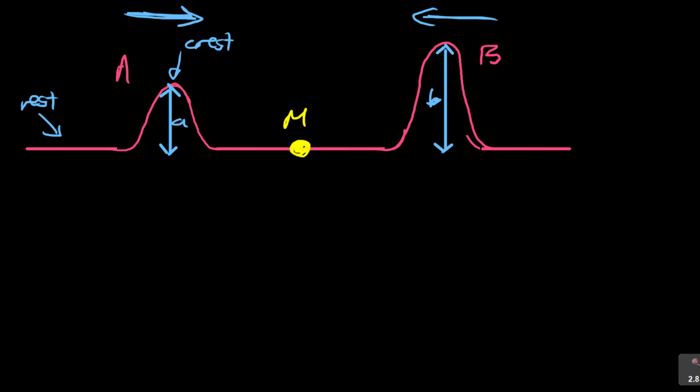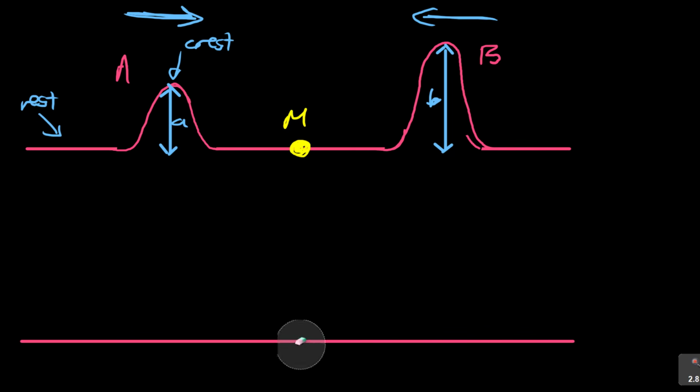Now the question is, what is going to happen at point M? So this is what you need to remind yourself. When you're drawing this pulse, you're going to have that point M. Let's do that again. And at point M, when these two pulses meet, this is what is going to happen. Both A and B are going to add up like that.